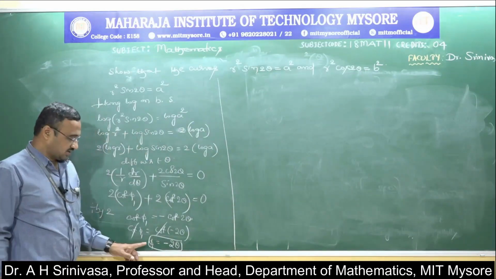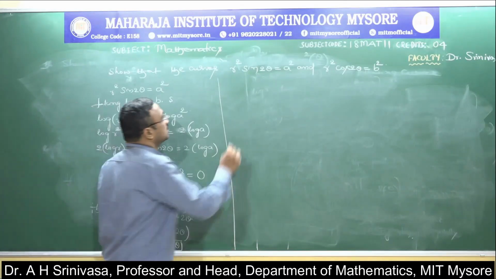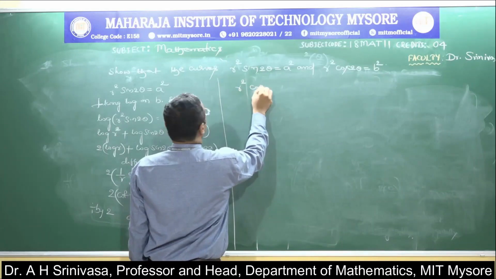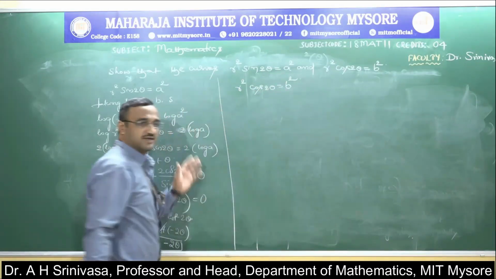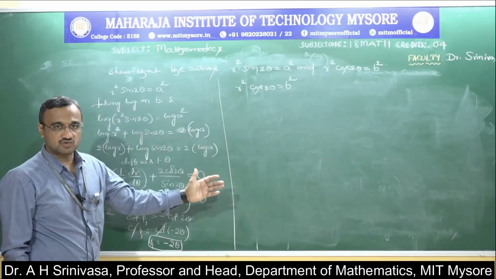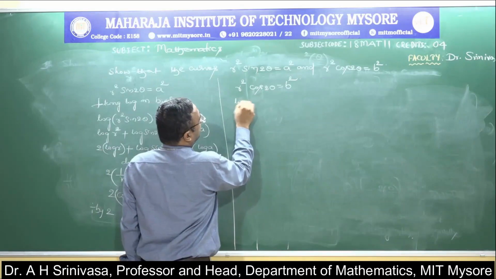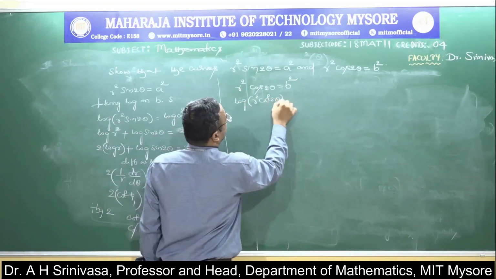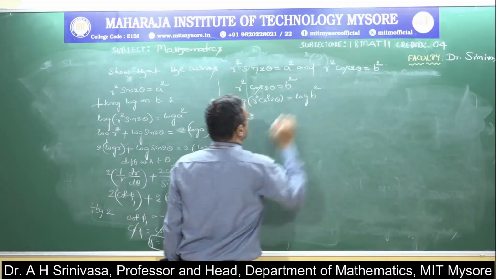What I am doing here is extracting phi 1 very easily. Next, the same procedure I adopt for the other one, r square cos 2 theta equal to b square. First you take the log on both sides, then simplify. This becomes log of r square cos 2 theta equal to logarithm of b square.